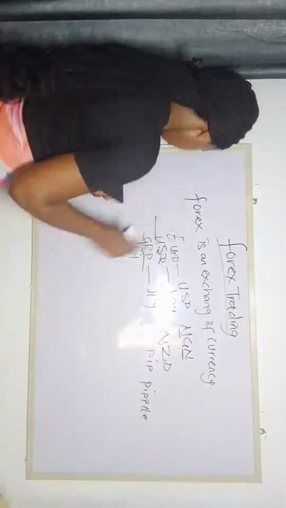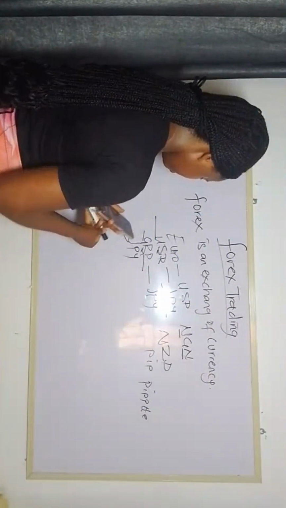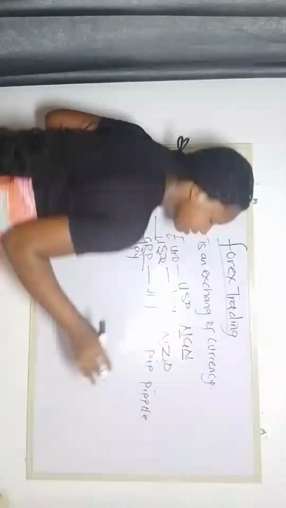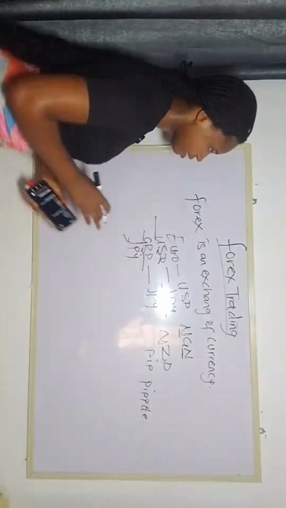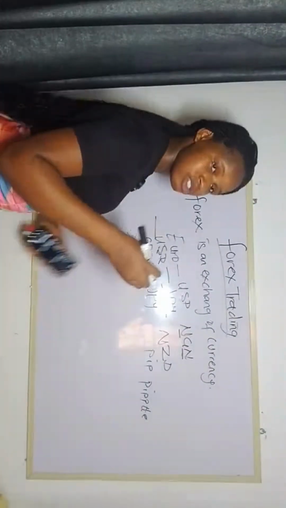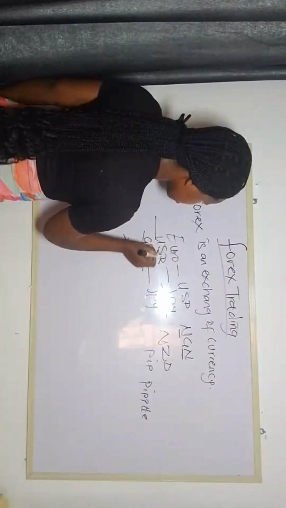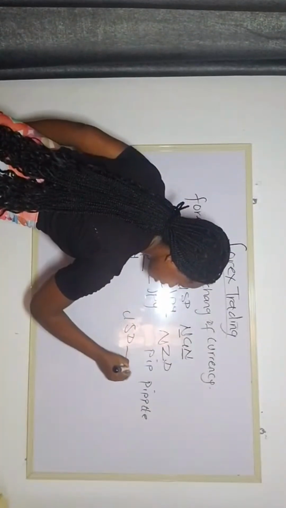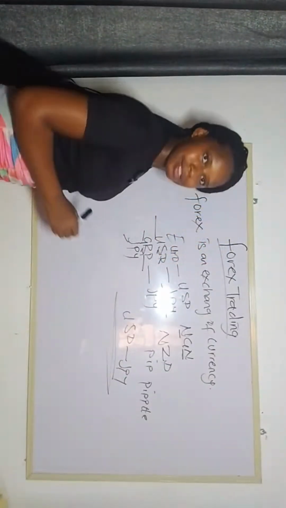I want to let you know that I am also doing trading. Trading is profitable and can be risky. When I was starting trading, there was one thing I learned. Do you see this USD and JPY? This is the best.